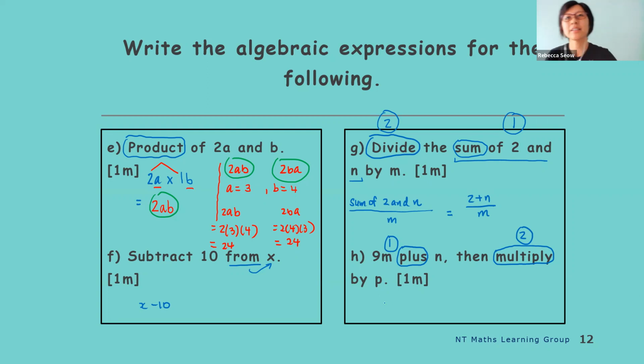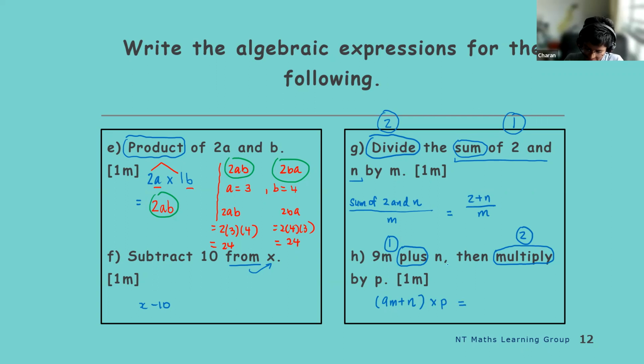So there's a sequence. We add 9m with n, so that will be 9m plus n. Then we take this entire portion to multiply by p. We have learned in school that we probably won't put the multiplication sign down. So how do we express this?